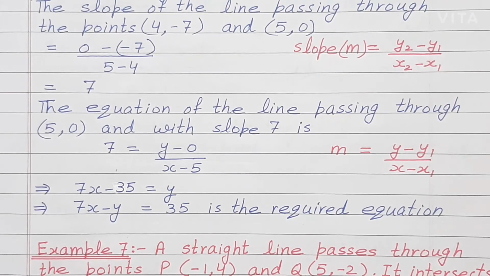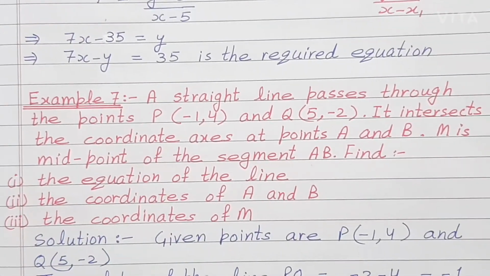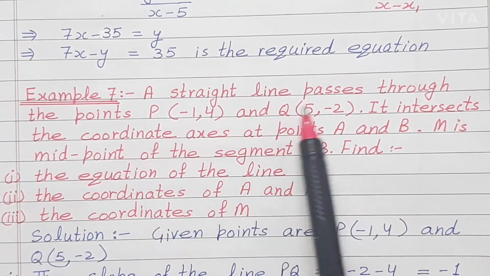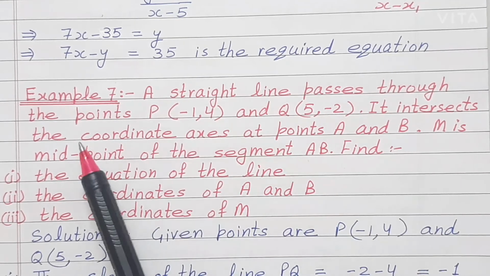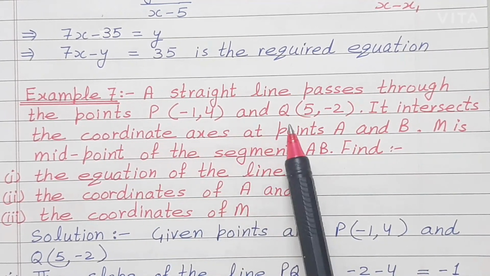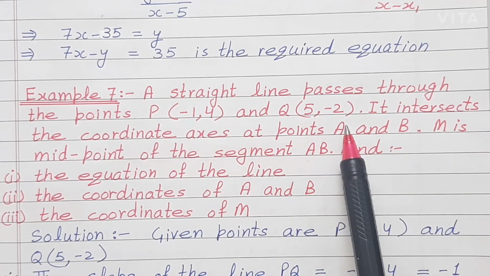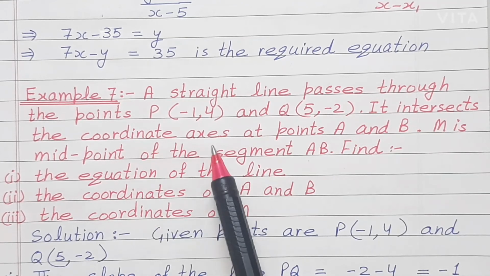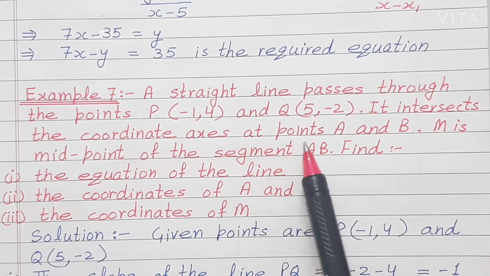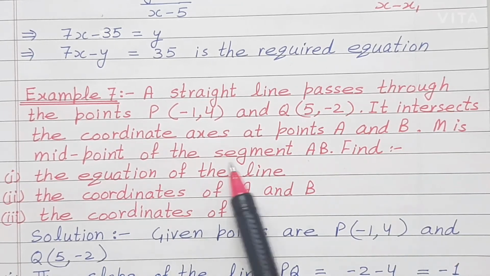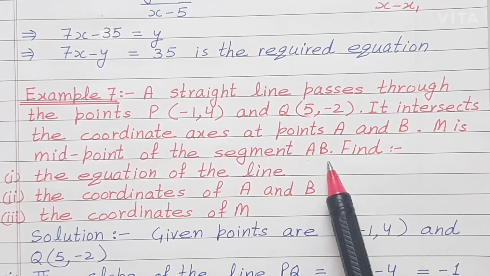Now let us move to the next example. See, example number 7 is: a straight line passes through the points P(-1, 4) and Q(5, -2). It intersects the coordinate axes at points A and B. M is the midpoint of the segment AB.